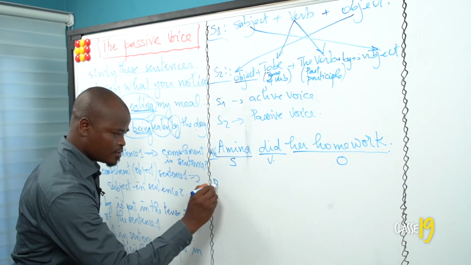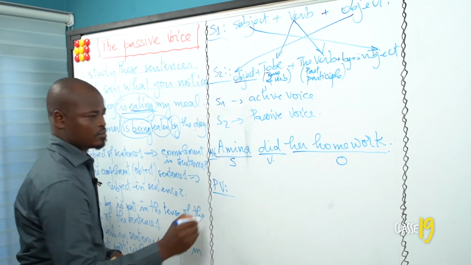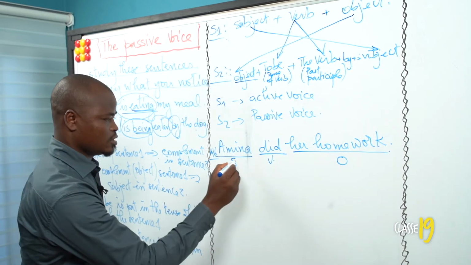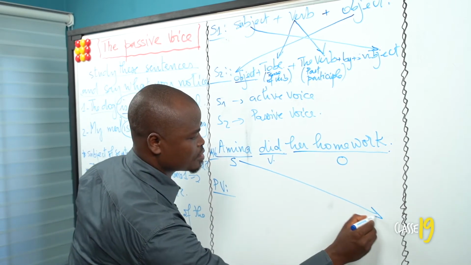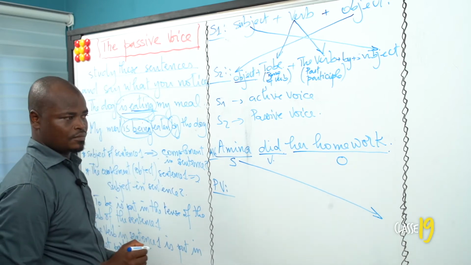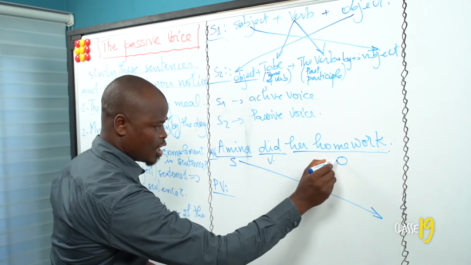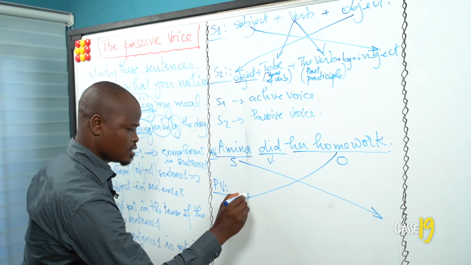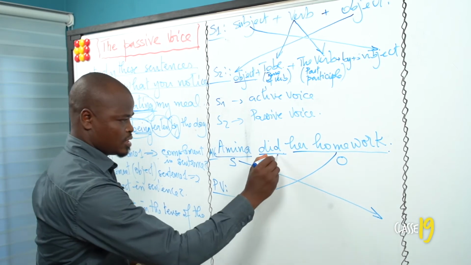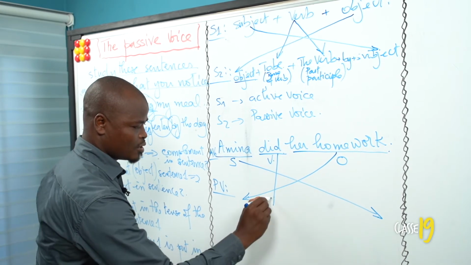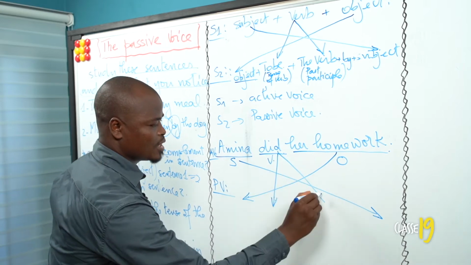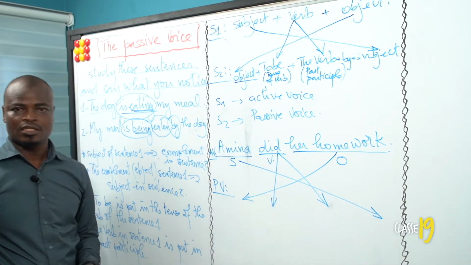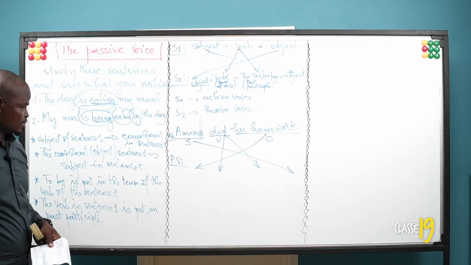Now, passive voice. As we said, the subject becomes the complement. The object becomes the subject, to be in the tense of the verb, and the verb in past participle. Don't forget.